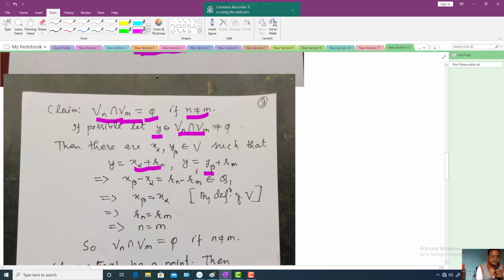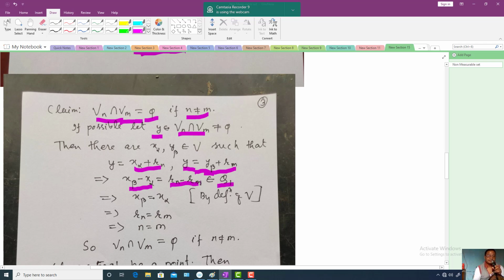Since y is equal to y, that means x alpha plus Rn must be equal to y beta plus Rm. So ultimately you will get x beta minus x alpha is equal to Rn minus Rm. Difference of two rational numbers is again a rational number, and you can easily check that rational number is a member of Q1.